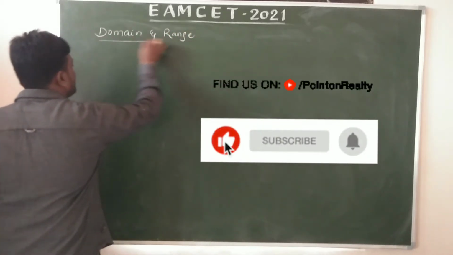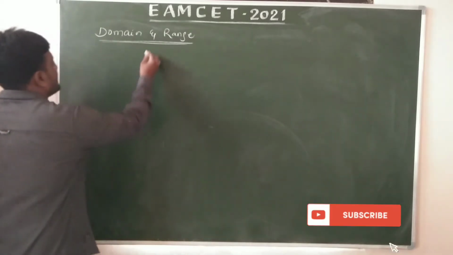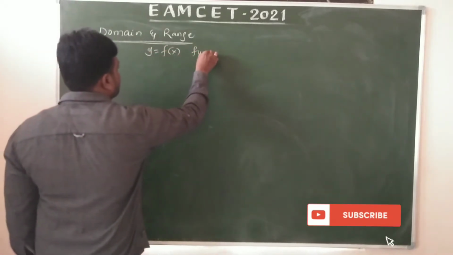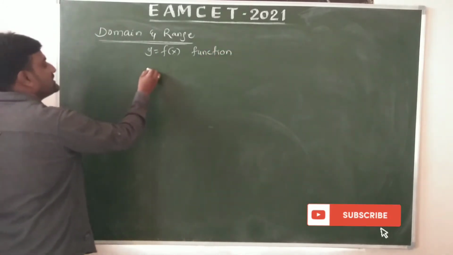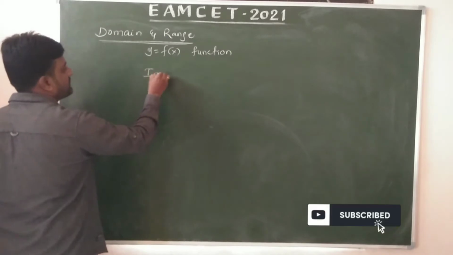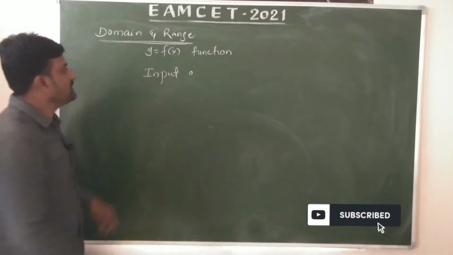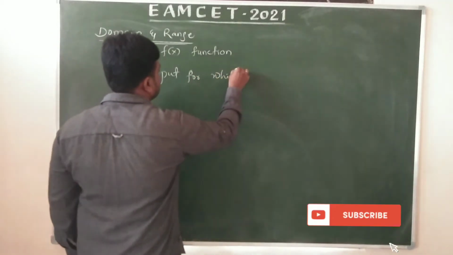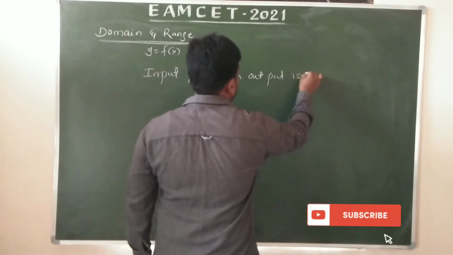Okay, already we know about the domain and range. What are those? If y equals f of x is a function, then domain is nothing but the input. It is an input for which the output is real.